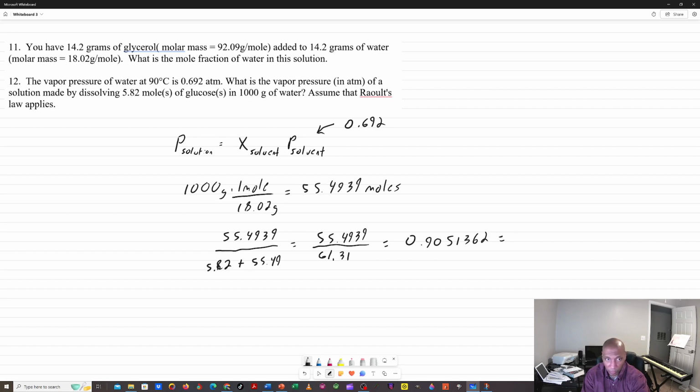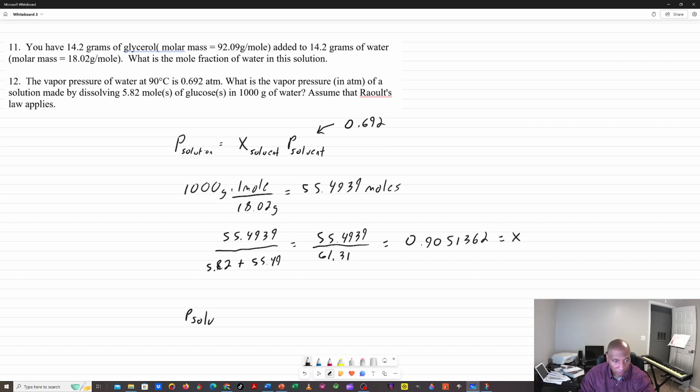That's going to be equal to X, my mole fraction. Now, just be mindful that this number is good to 4 significant digits. As it turns out, it's not going to matter because the pressure they gave us was only good to 3 significant digits. So my answer is going to only be good to 3 significant digits.